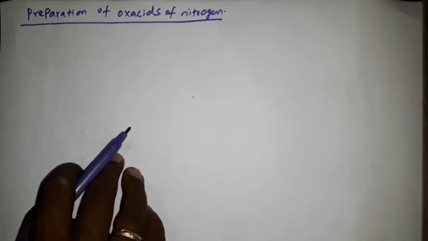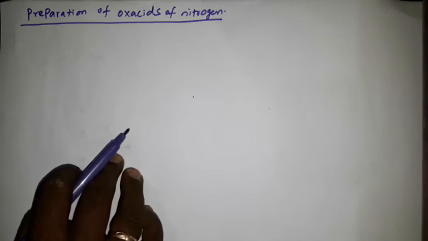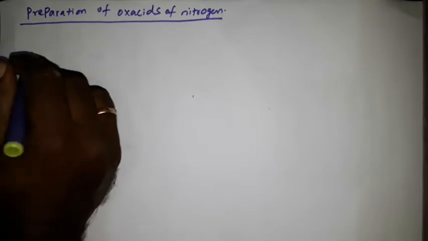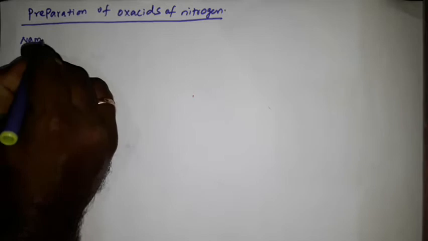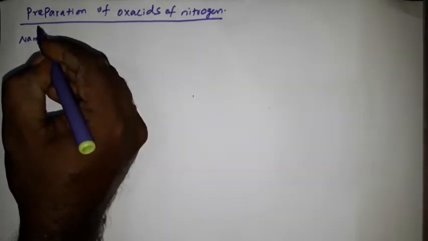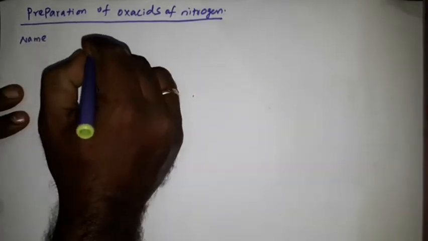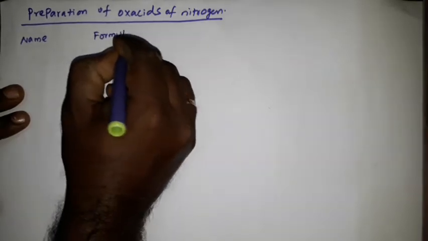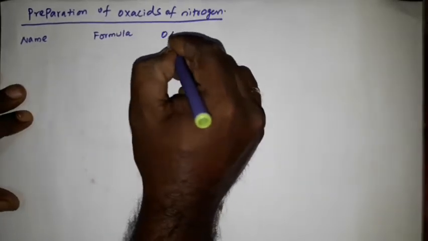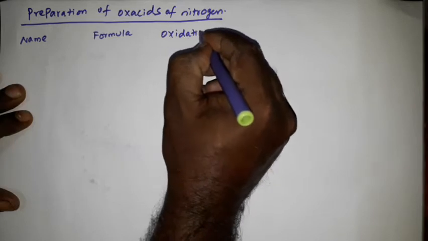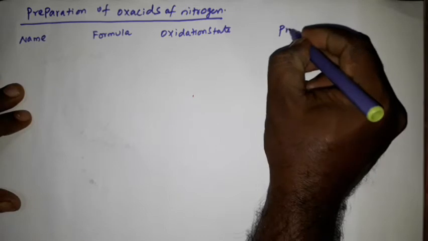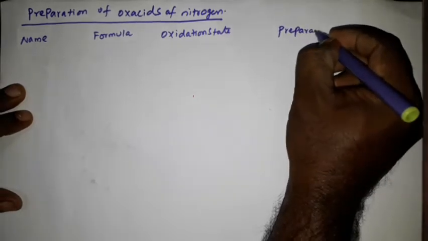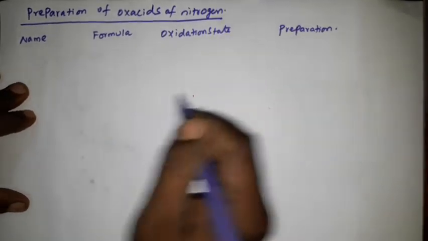There are 5 oxacids for nitrogen. First, I am going to make a tabular column: the name, then formula, then oxidation state, then preparation.